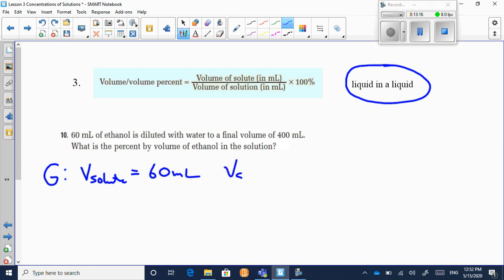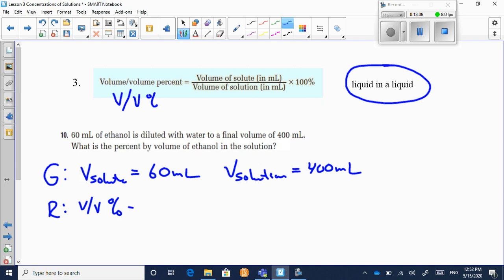So my volume of solution is equal to 400 milliliters. What is the percent by volume? So what is the volume percent? And by the way, remember that it could be written like V/V percent. Okay, is equal to question mark.